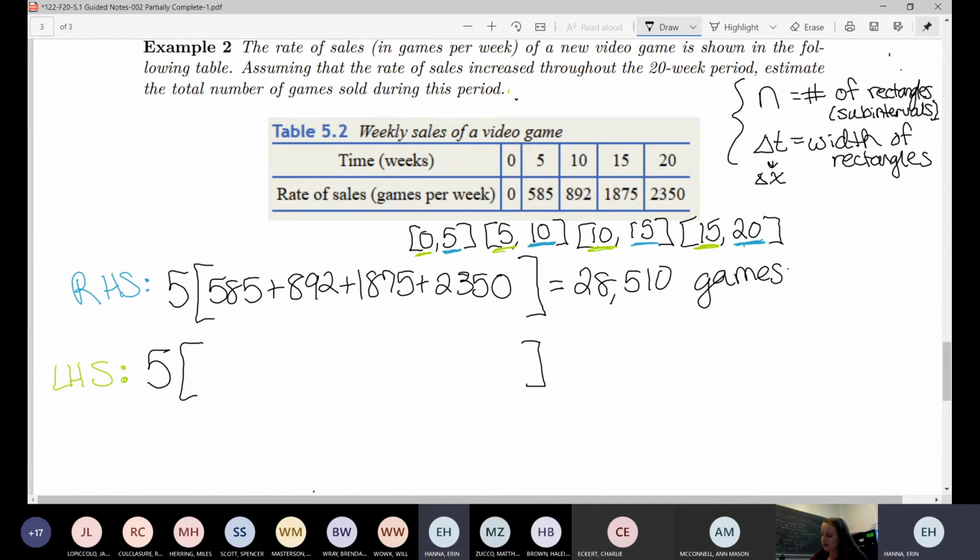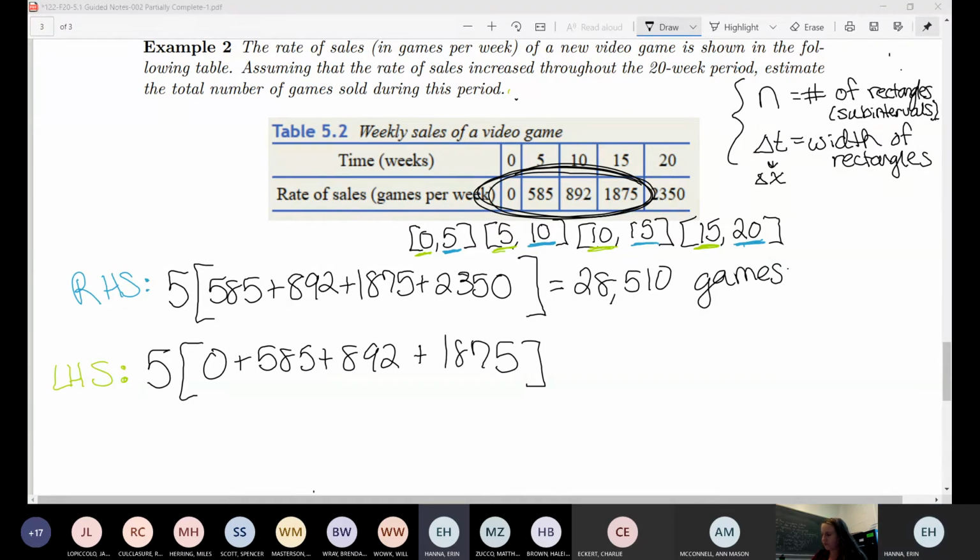So we're using the values at 0, 5, 10, and 15, so we're essentially using these first 4 and just leaving out the 2350. So we'll have 0 plus 585 plus 892 plus 1875. Punch that into a calculator, you get 16,760 games.